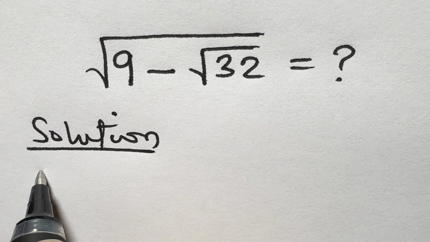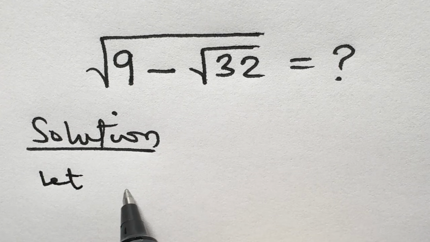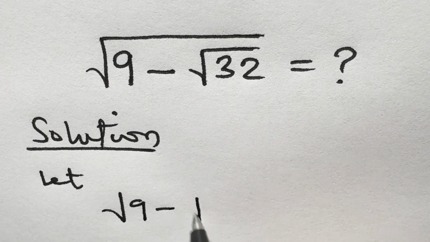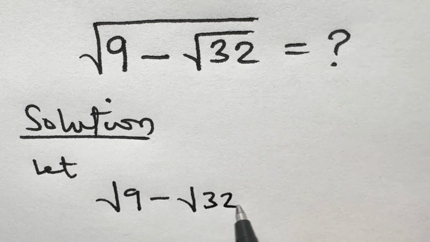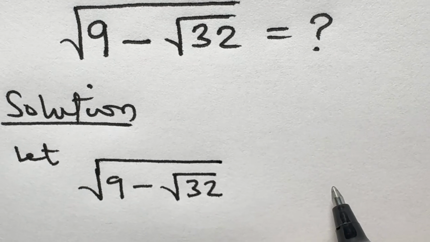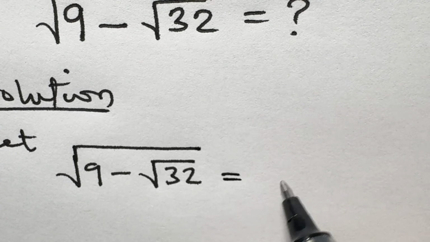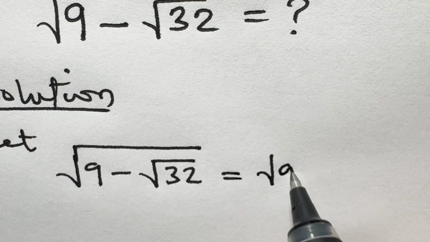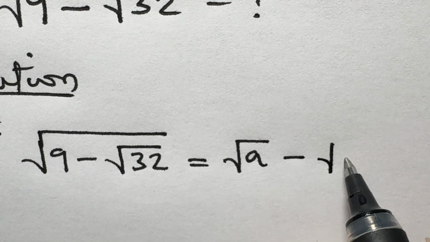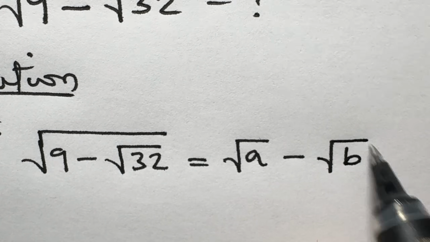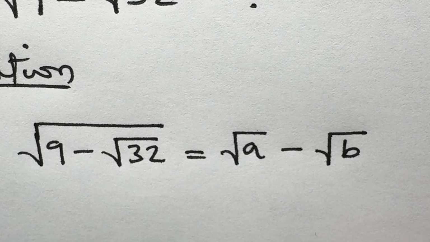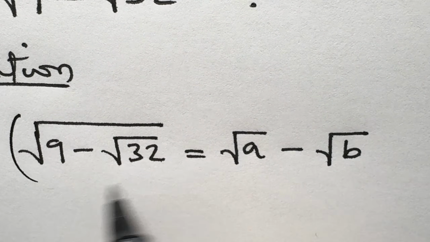Let us equate this to square root of a minus the square root of b. Because this here is negative, so I'm using negative here. I'm going to square both sides of this equation.